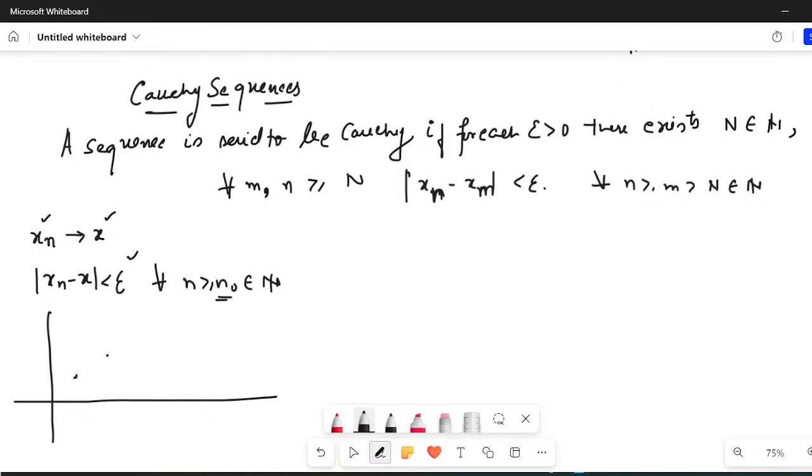So for example, here is your x1, here is your x2, here is your x3, here is your x4, here is your x5. But after some natural number, what will happen? Let us say this is x.